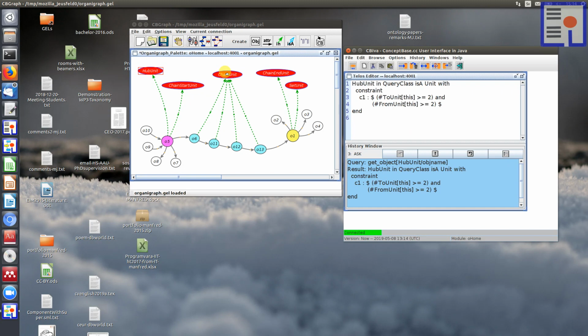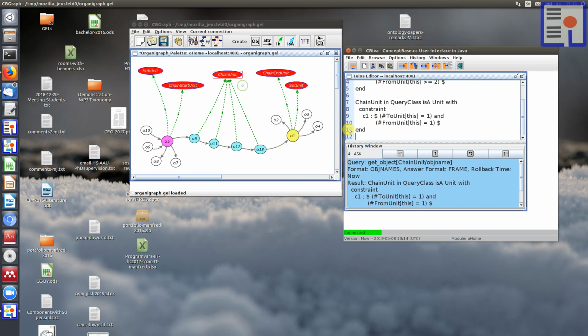Let's have a look at chain unit. So chain unit is exactly one input and exactly one output. And continue with set unit. So at least two outputs and exactly one input. That's a set unit.